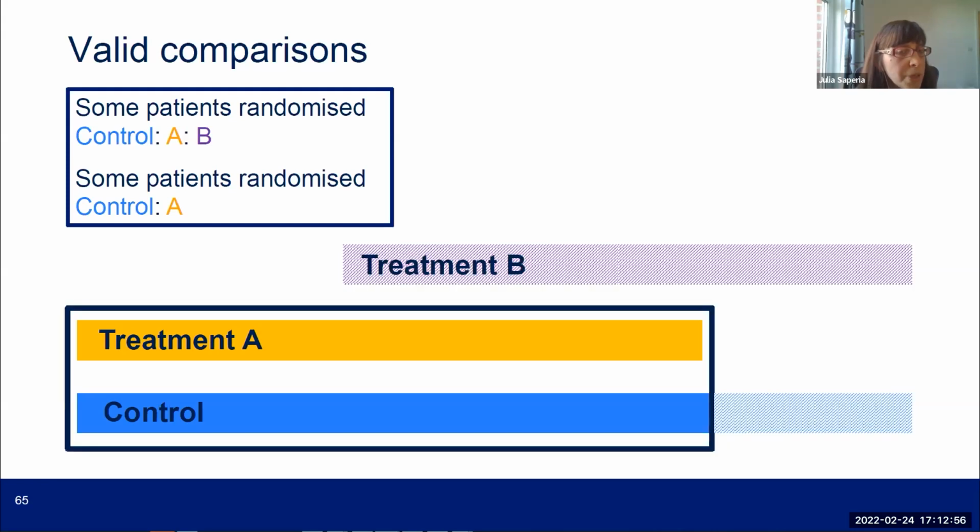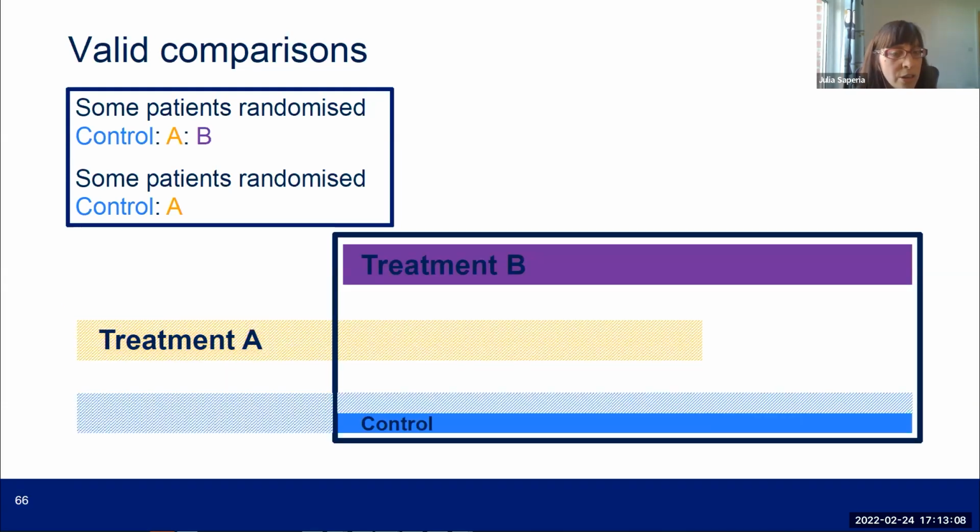So because everybody can be randomized to treatment A or control, the comparison for treatment A is as we saw before. But when you are looking at the treatment effect for treatment B, because not all patients are eligible for treatment B, the control group is restricted in that case. So you have a smaller pool of control patients to look for.